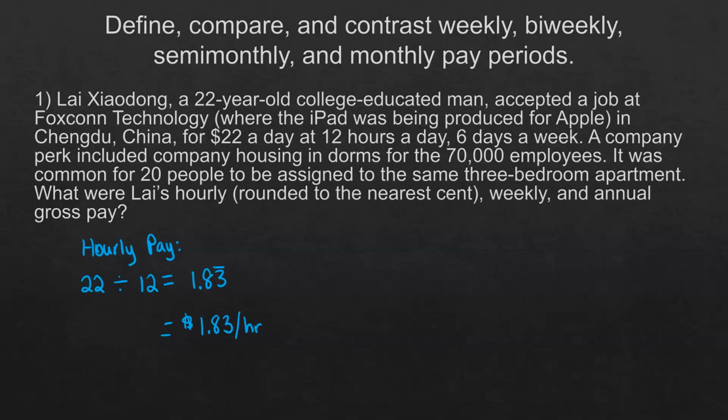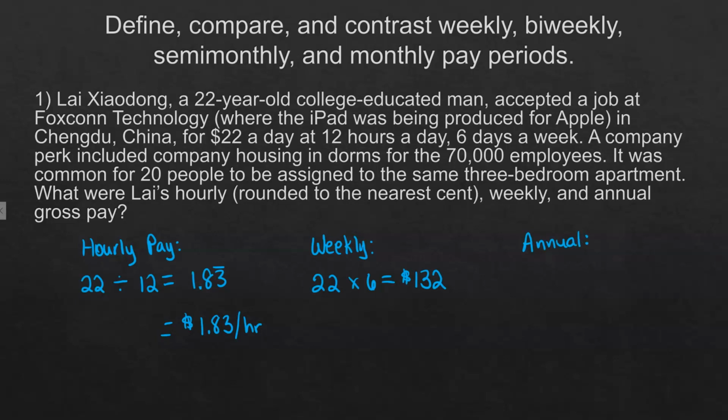Very small wages, right? And then if we want to find the weekly pay, and it's 6 days a week, remember? So weekly pay is going to be $22 per day times 6. And then last, annual pay, that means for the year, right? How much is he going to be paid yearly?